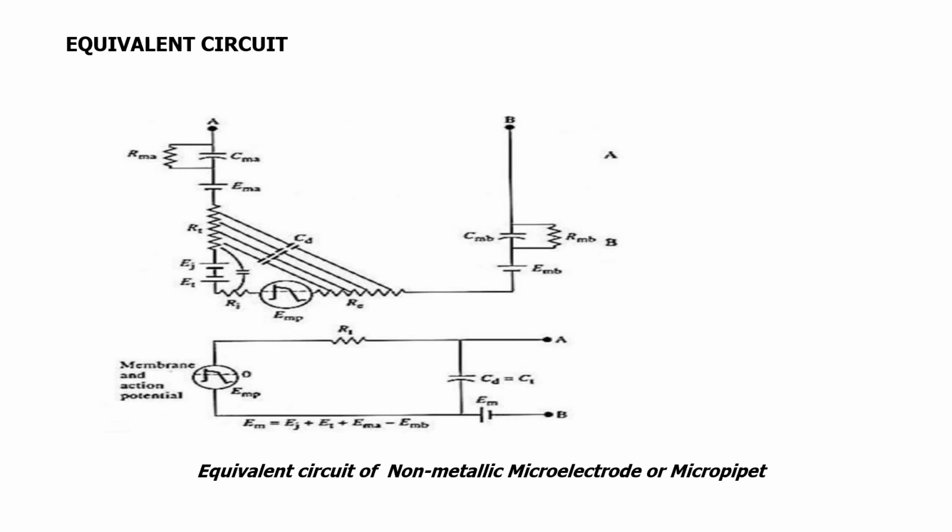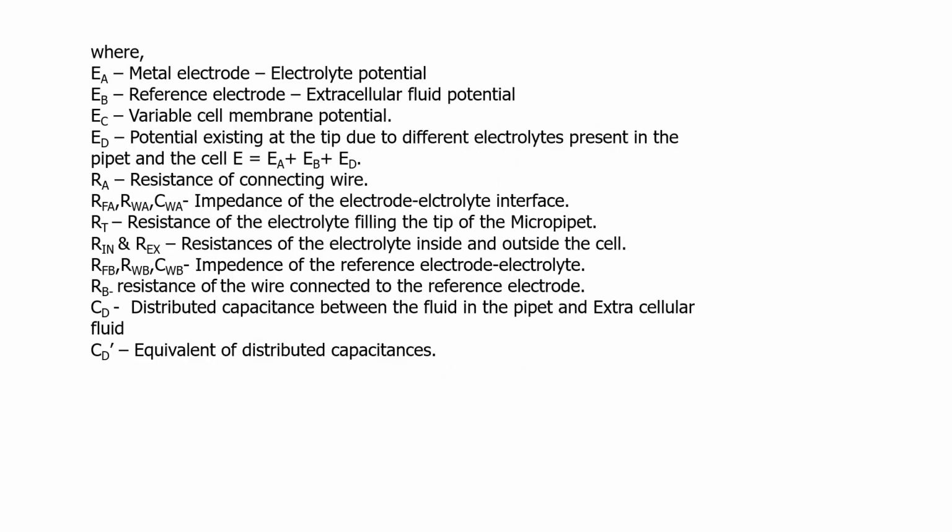In addition, a potential known as the tip potential ET arises because the thin glass wall surrounding the tip region of the micropipette behaves like a glass membrane and has an associated membrane potential. All the associated DC potentials are lumped together in the source EM, which is given by the equation EM equals EJ plus ET plus EMA minus EMB. So this shows the description of the equivalent circuit of the micropipette electrode.